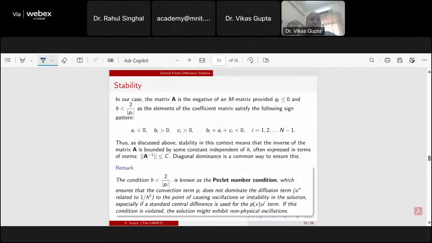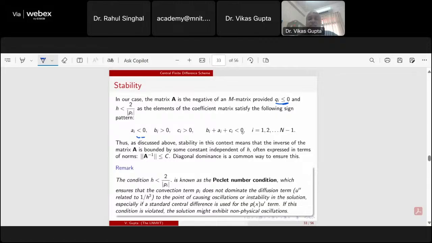So in our case, for the central finite difference scheme, matrix A is the negative of an M matrix provided Qi is less than or equal to 0 and h less than 2 upon mod Pi, as the elements of the coefficient matrix satisfy the following sign pattern: Ai is less than 0, Ai being the diagonal entries, Bi is positive, Ci is positive, and Bi plus Ai plus Ci is less than 0.